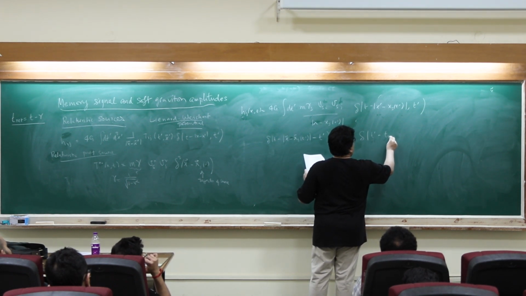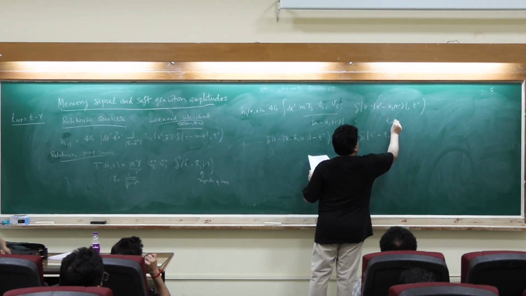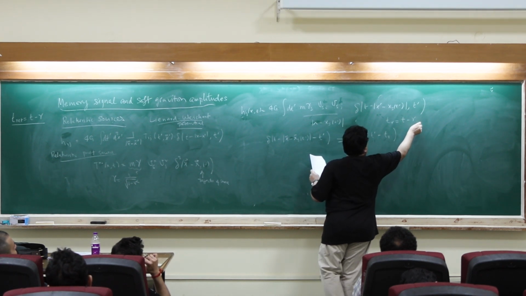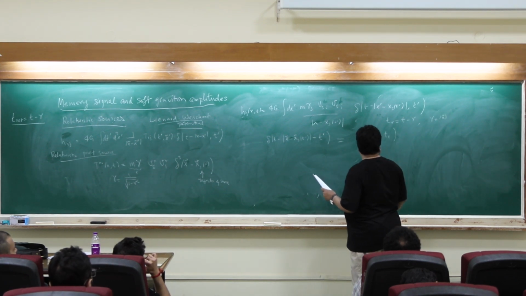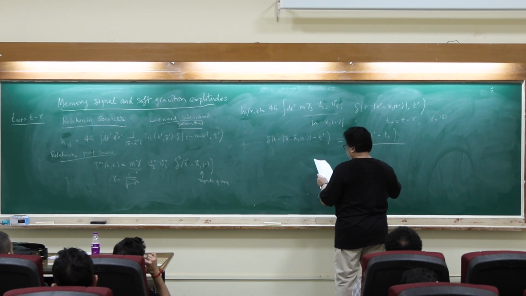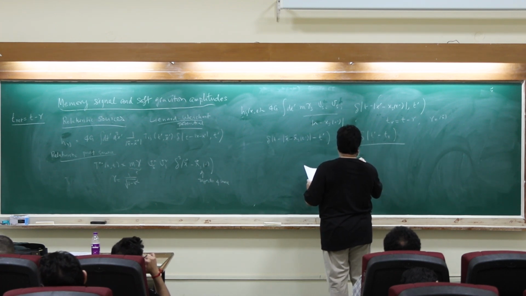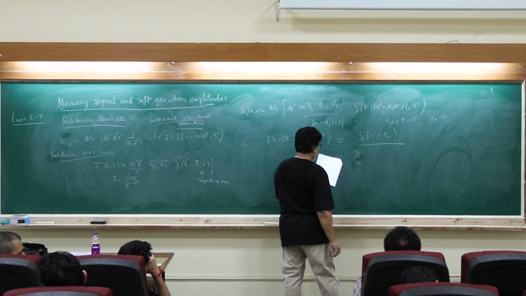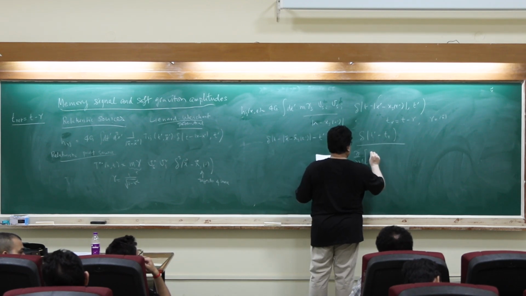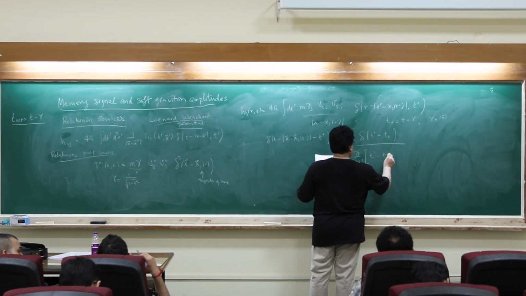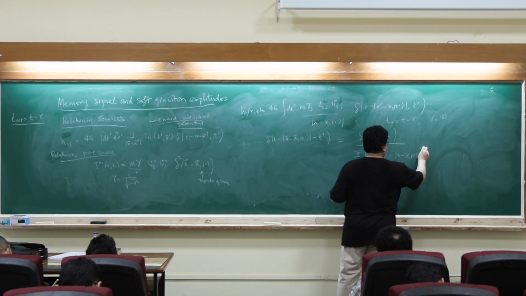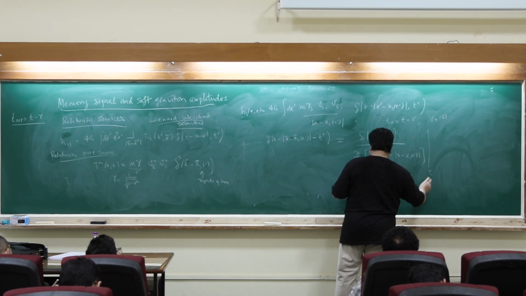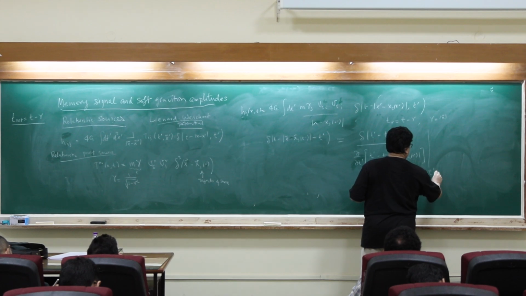T retarded. So t_R is t minus R, being the distance to the source, divided by c, all evaluated at t prime equal to t retarded.